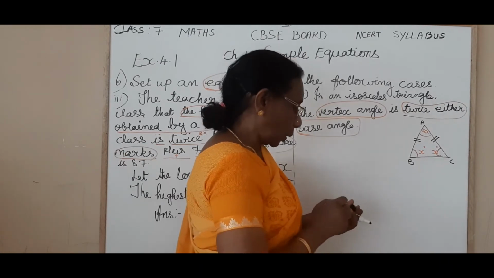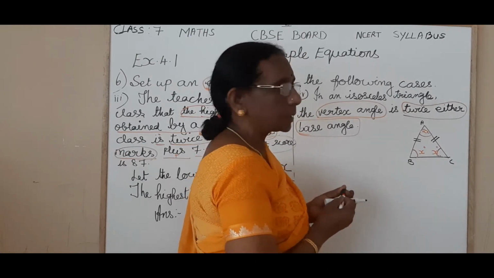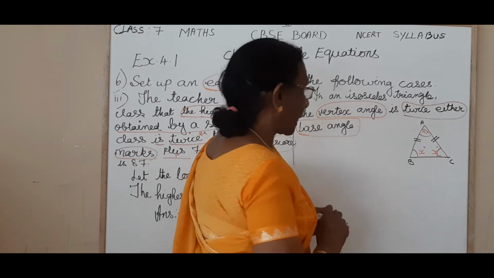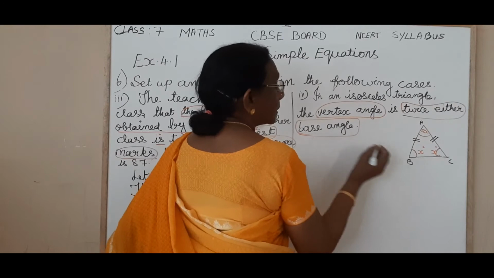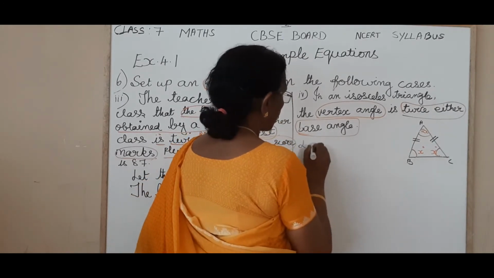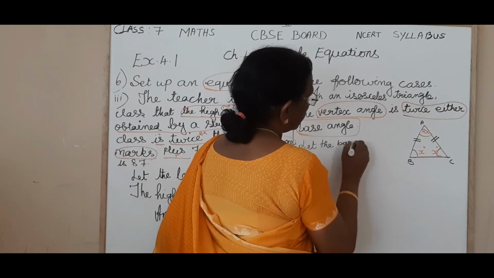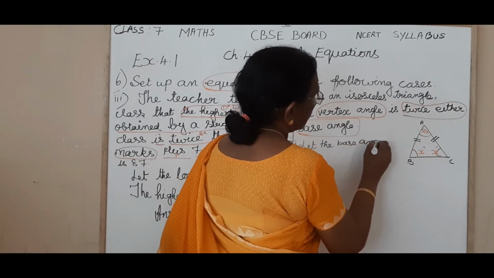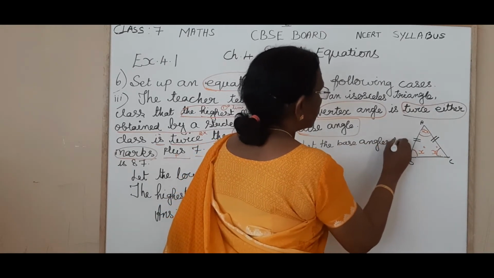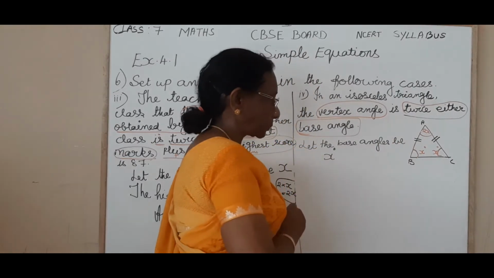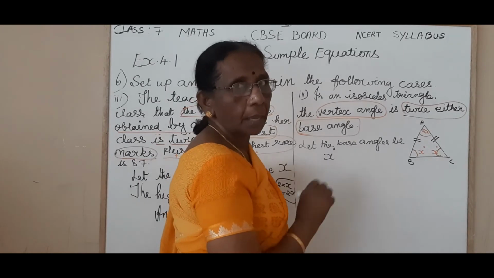Okay. Now you know the sum of the three angles of a triangle is what? 180 degrees. So first you write that. First you write: let the base angles be x degrees. Okay, so both are equal.